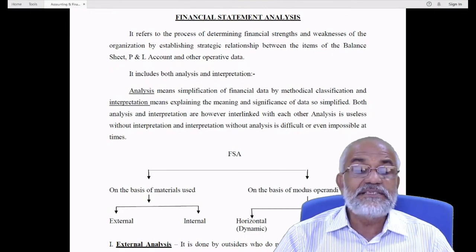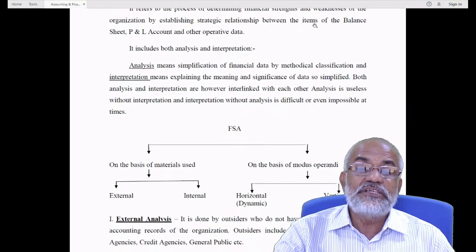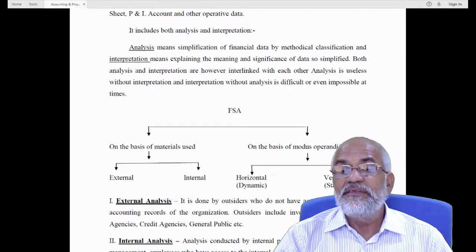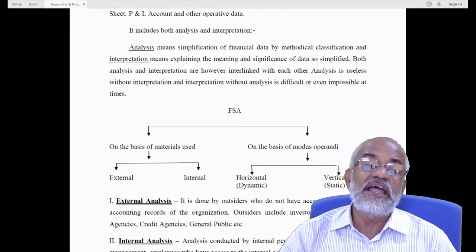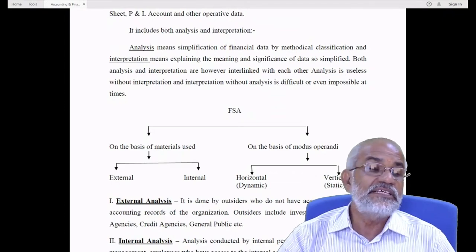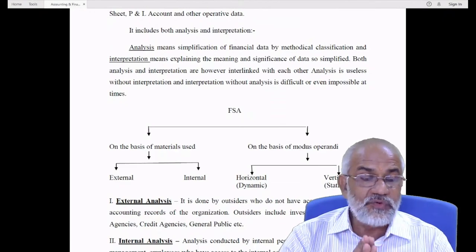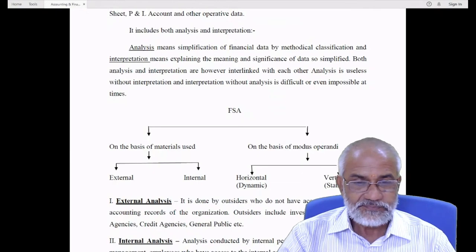External analysis means it is done by outsiders who do not have access to the detailed accounting records of the organization. Outsiders may be the investors, the creditors, the government agencies and credit agencies, and the general public, who do not have access to the detailed accounting information of the organization since they are outside.